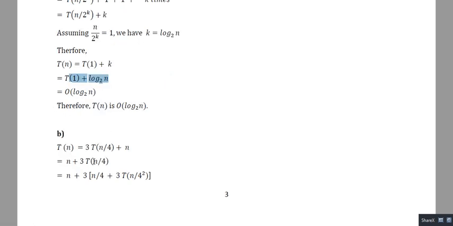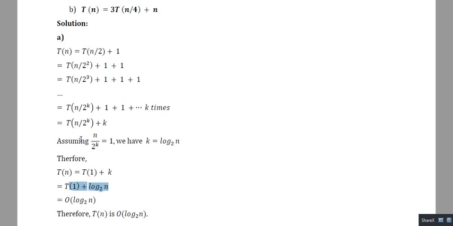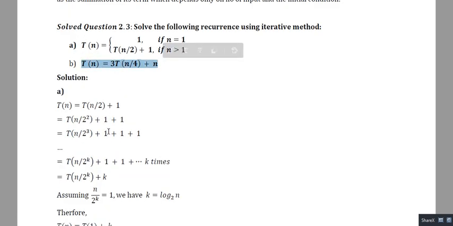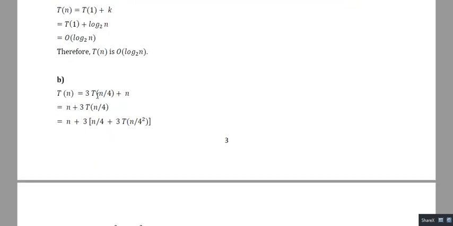Right. So now next question is we have to solve this using iterative method. Right. So Tn is equal to 3T(n/4) plus n. Now in place of this T(n/4), right, so we are just writing Tn equal to 3T(n/4) plus n, then we are just applying that commutative rule, and we are just writing that n term first, then followed by this term.